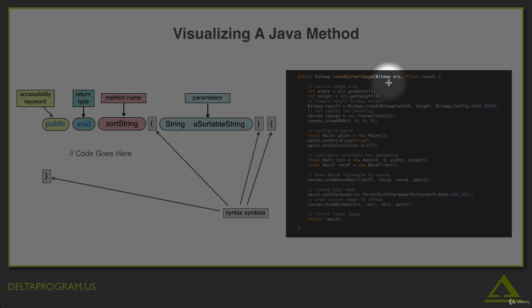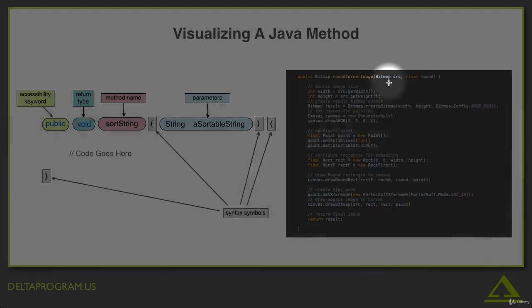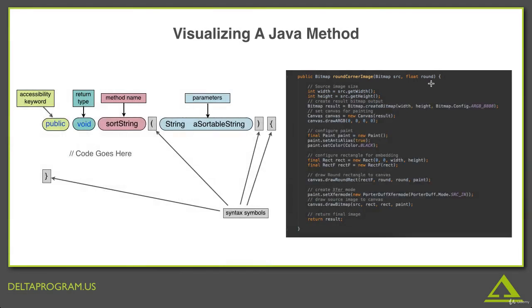Now, if you're a good detective, you should have noticed that there's something else in the parentheses that we haven't talked about yet. It's this comma. There's a comma, and then there are two more words there, float and round. Well, can you guess what the comma means? It indicates that there is more than one parameter for this method.